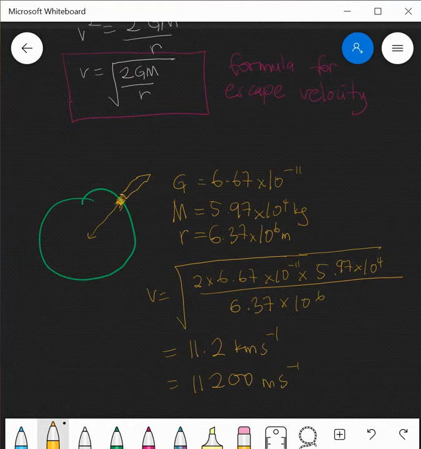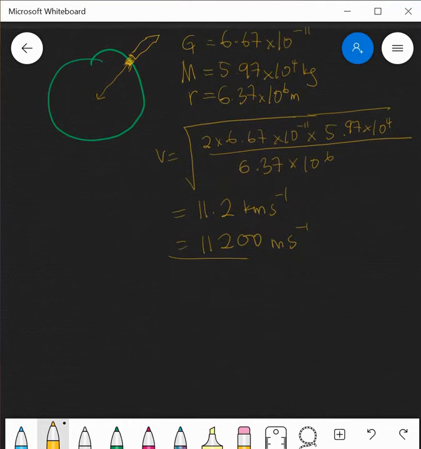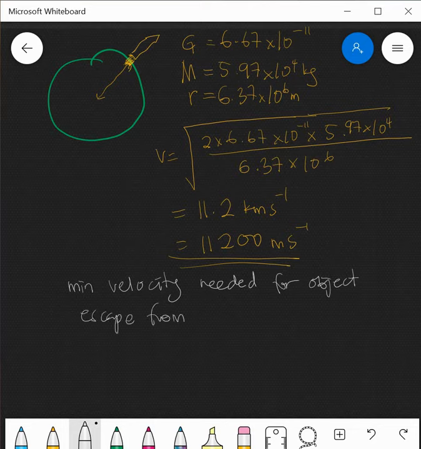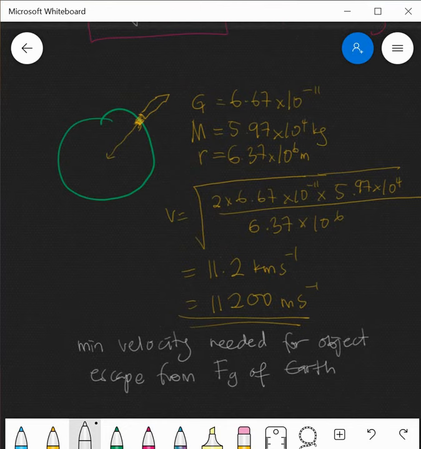Okay, so this is the minimum velocity needed for the rocket ataupun any object to escape from gravitational force of the earth. Okay, kalau awak nak lari daripada tarikan bumi, awak kena terbang pada velocity 11,200 meter per second.